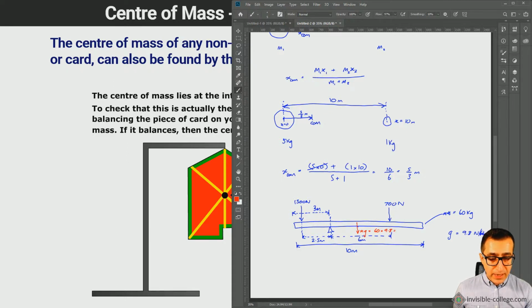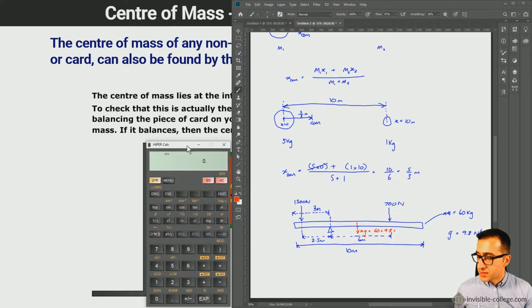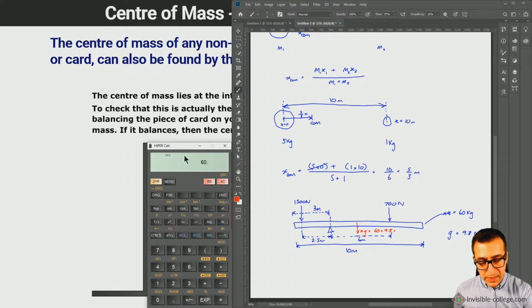If we bring up a calculator here and work out what that comes to, I'll bring it up on screen here so you guys can see. So we have 60 kilograms times 9.8. This gives us 588 newtons. So we have 588 newtons of force acting at a distance of 5 meters from the edge.